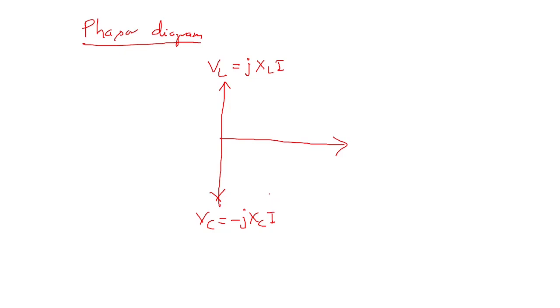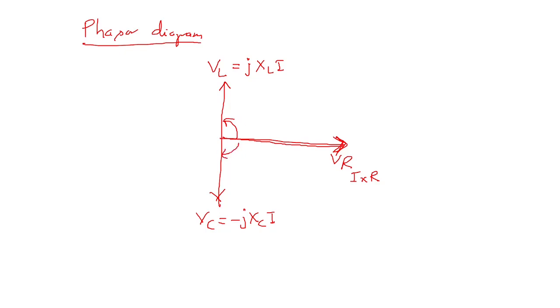And this will be VR, which is nothing but the current flowing through the circuit multiplied by R. Now this is the in-phase line. This is where the voltage and current are in phase, and here you can see the inductive voltage leads, and here you can see the capacitive voltage lags.